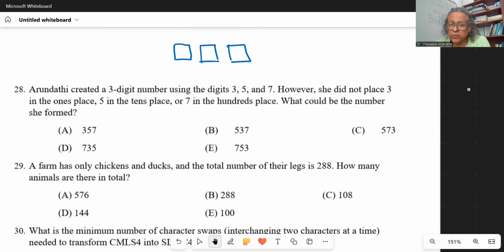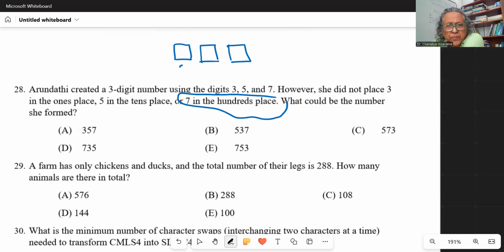And then the leftmost box is the hundreds digit box, and then the tens digit box and the ones digit box. Now, in the hundreds digit box, we can put anything except 7, right? So we have 2 choices for the hundreds digit place.